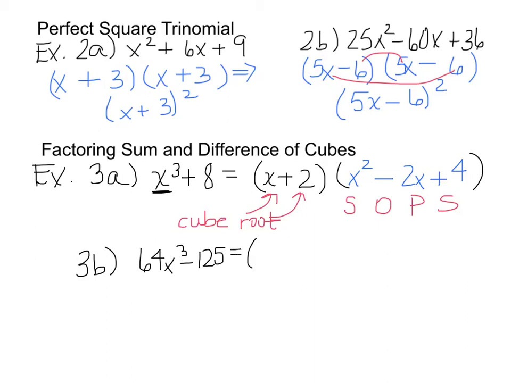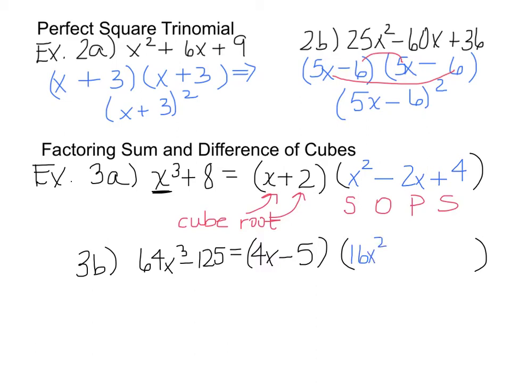So remember, the first thing you do is cube root the first 2 terms. So the cube root of 64x cubed is 4x minus the cube root of 125 is 5. And then we use SOPS. You square the first term, which will be 16x squared.